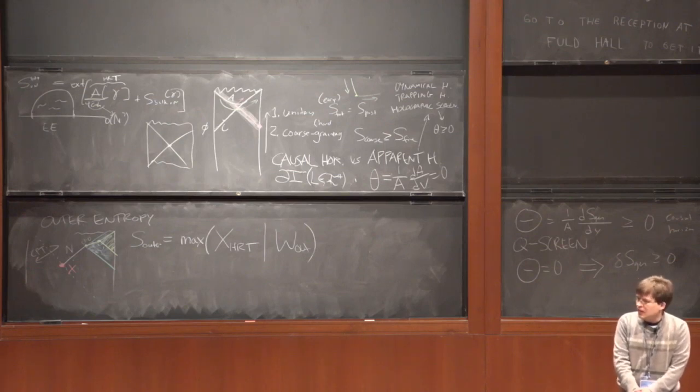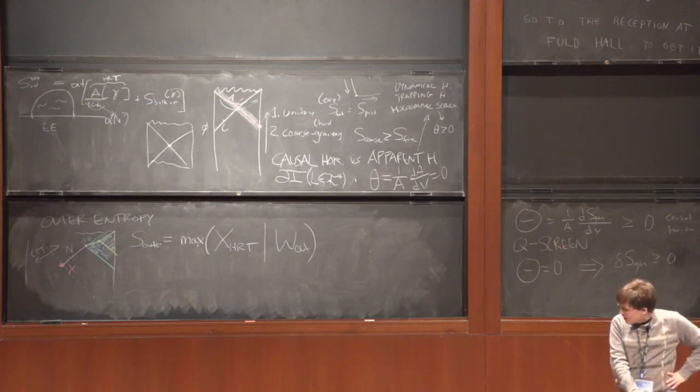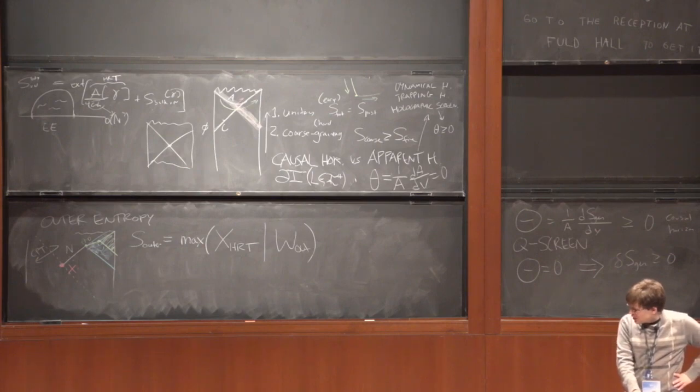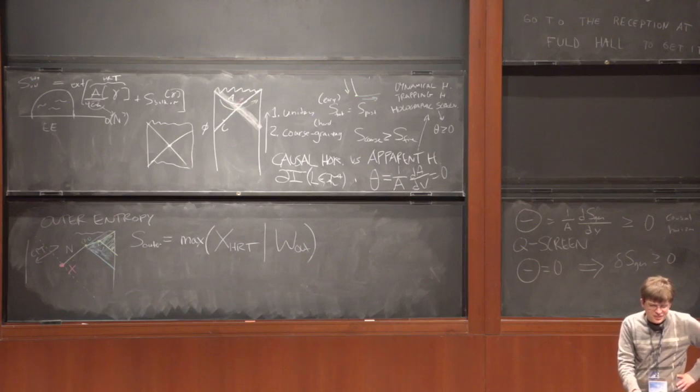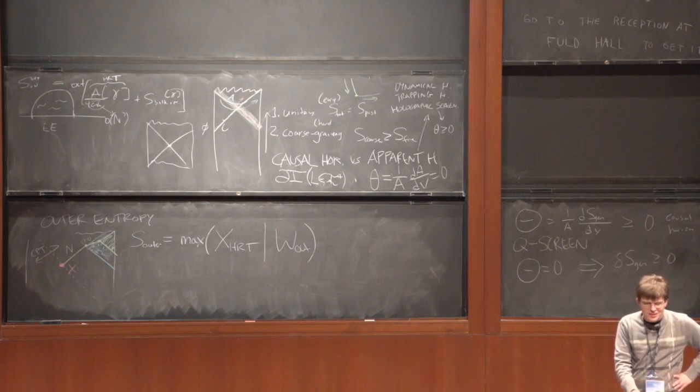We haven't done it yet, and I think it requires some strong assumption, something even stronger than this quantum null energy condition, that I think is true for field theory, but it hasn't been proven yet. It's sort of related to the statement that you can always come arbitrarily close to saturating monotonicity of relative entropy.